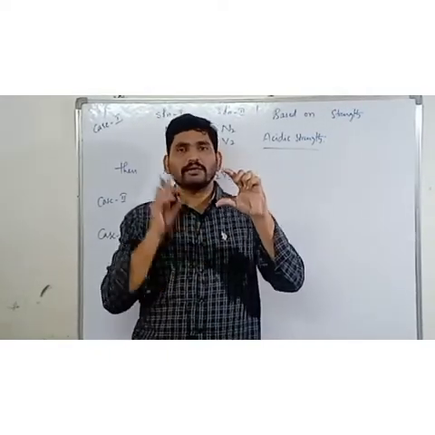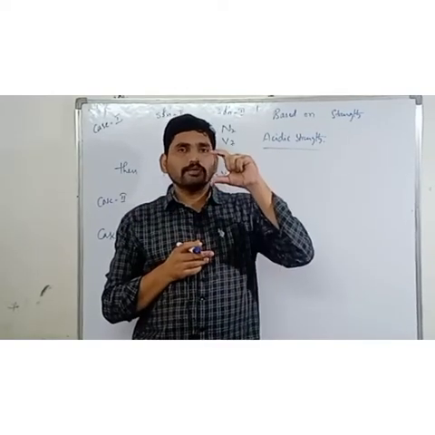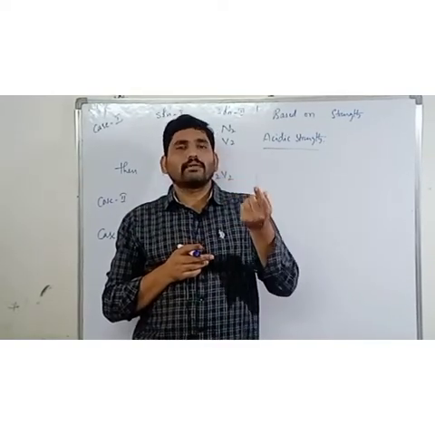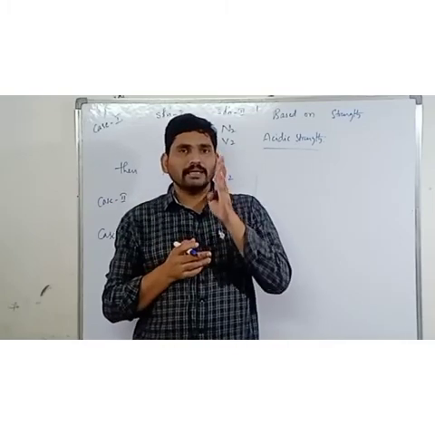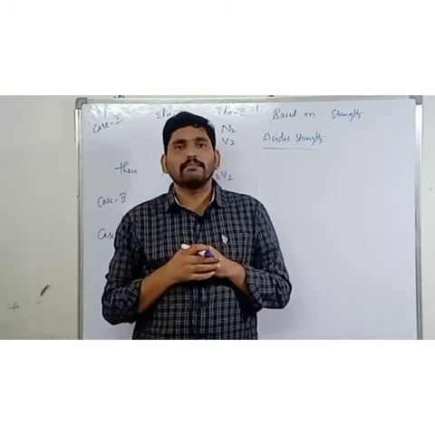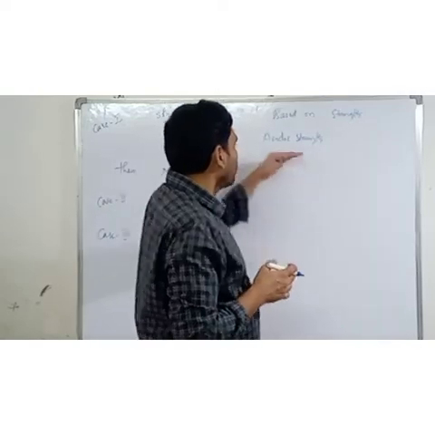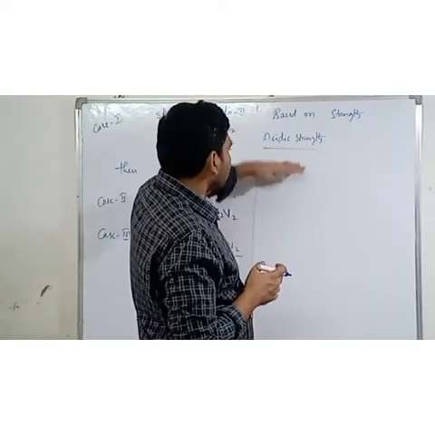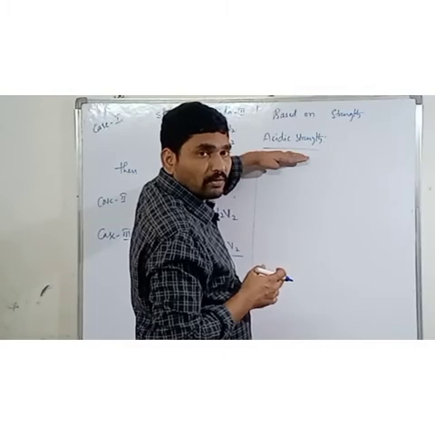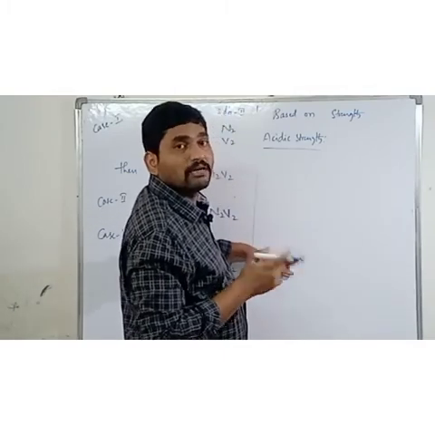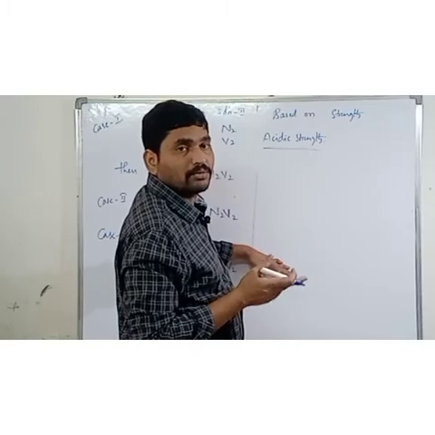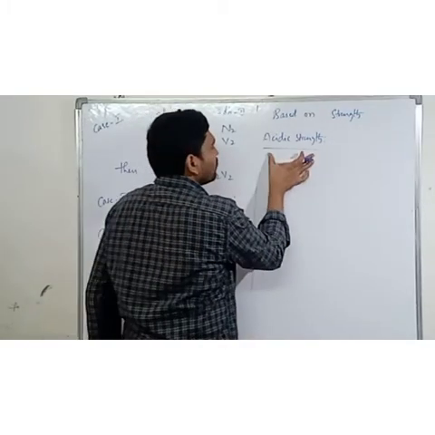Solution 1 has more strength than the base, that means acid strength is more compared to base. Based on that, there are 3 relations: first, acidic strength is more; second, basic strength is more; third, both are equal, a neutral solution.